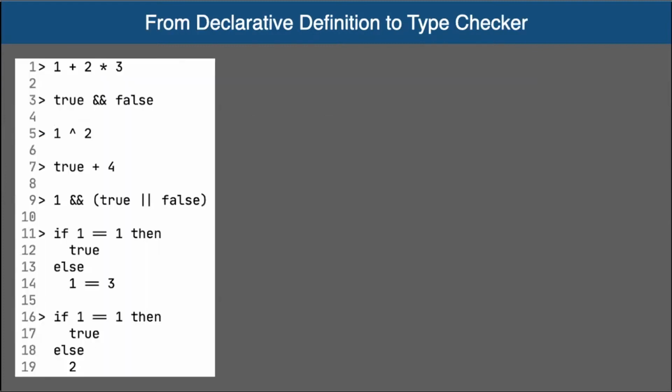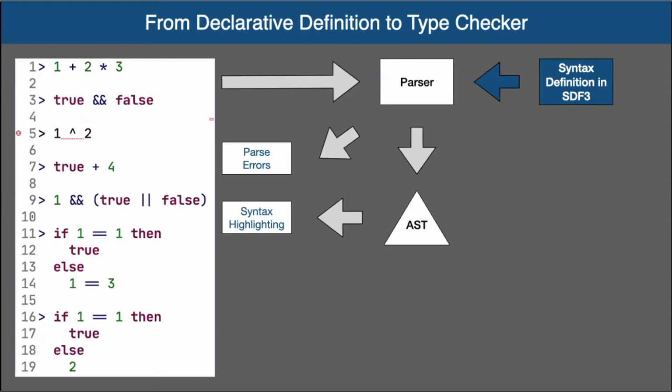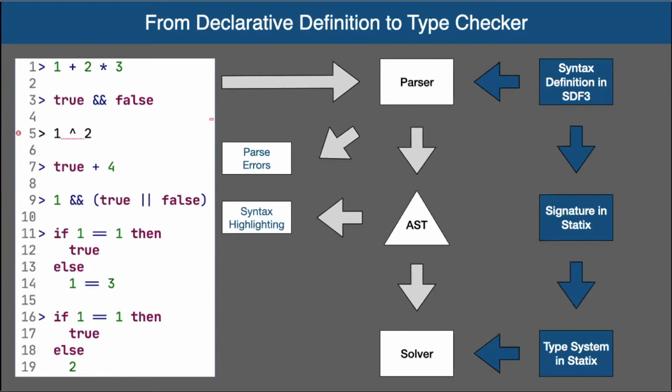And then how do we interpret this as a type checker? We take a program and parse it with a syntax definition that gives us an AST, and possibly parse errors and syntax highlighting that we display in the editor. The syntax definition gives us a signature, and against that signature we have defined type system rules.